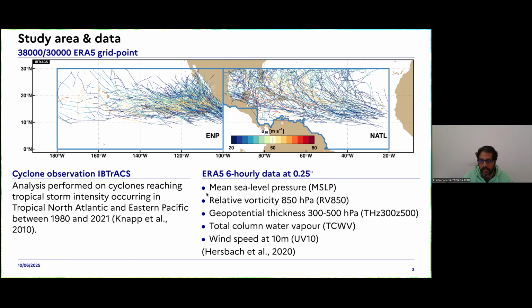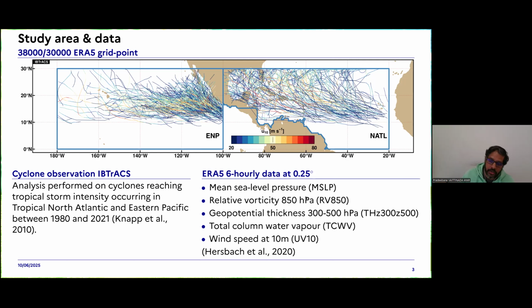I also use a reanalysis database to detect them. So I have the observation IBTrACS tracks, and I want to detect the cyclones within the ERA5 database, from which I use the mean sea level pressure, the relative vorticity, the geopotential thickness, the total column water, and the wind speed. So basically, they characterize a cyclone.